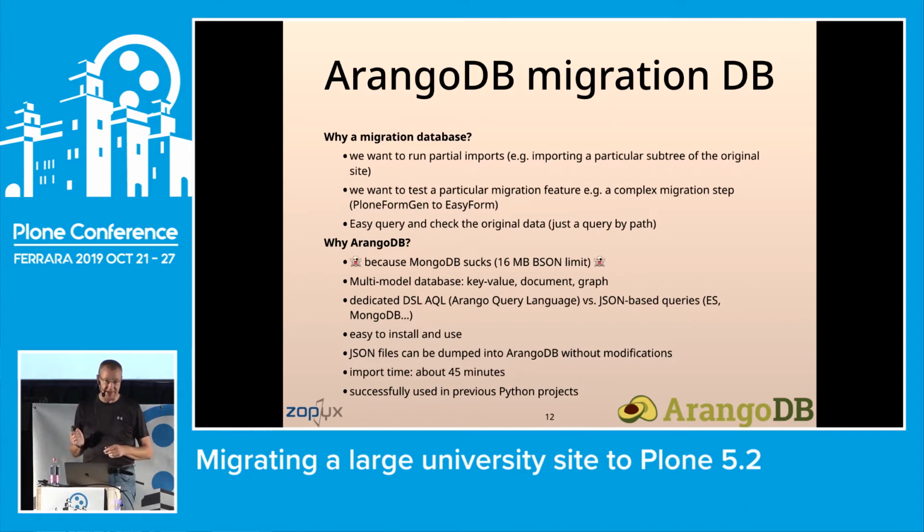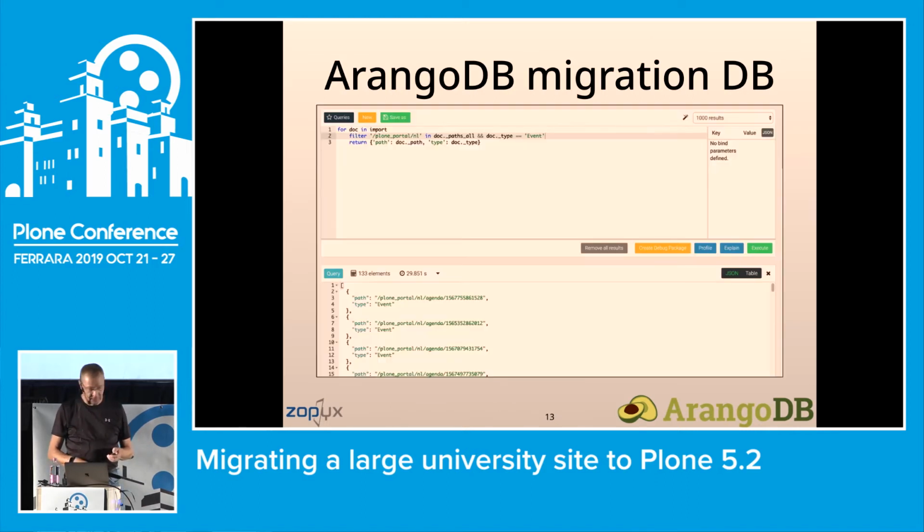Importing all the data, the 90,000 JSON files, takes about 45 minutes, depending on the machine, hardware, and so on. And we could basically just dump all the data directly into ArangoDB using an easy Python script. Here's a short overview of the web interface of ArangoDB. In this case, you see a query, for doc in import.